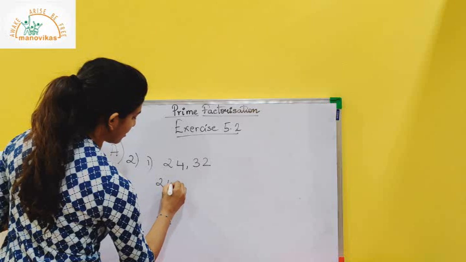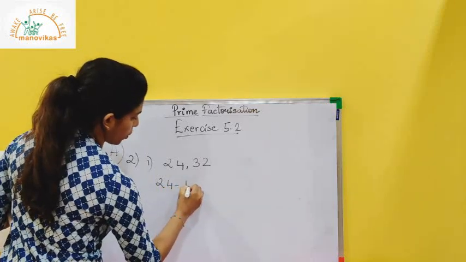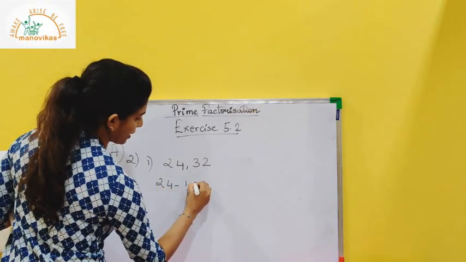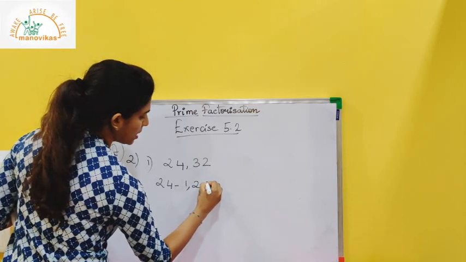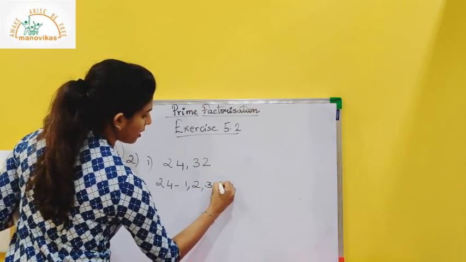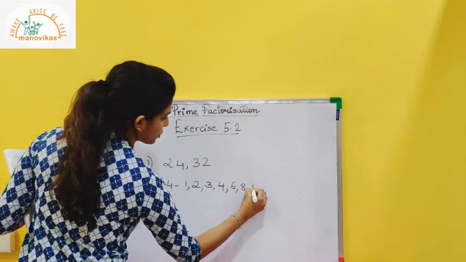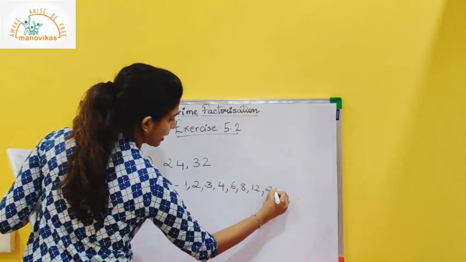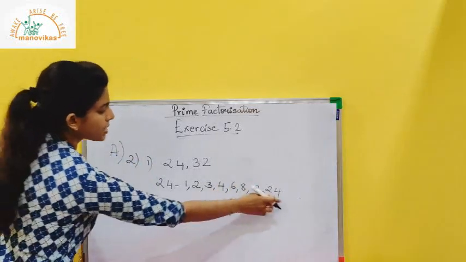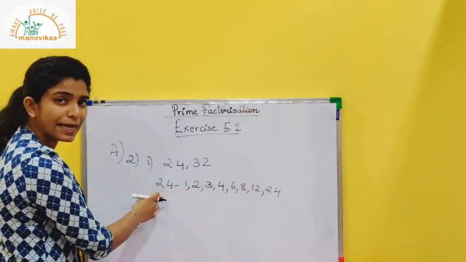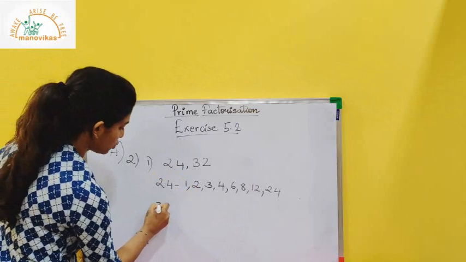So first I have to write the factors of 24. So 1 24s are 24, 2 12s are 24, 3 8s are 24, 4 6s are 24. Okay, then I will write these numbers, whichever numbers I have said, and the last number is 24. So these are the factors of 24. 32.